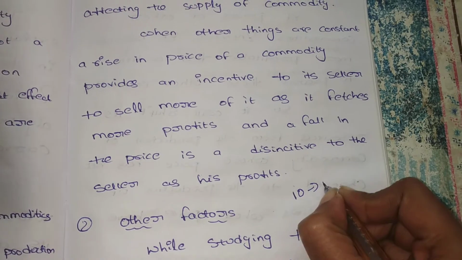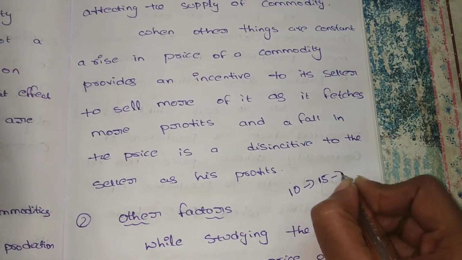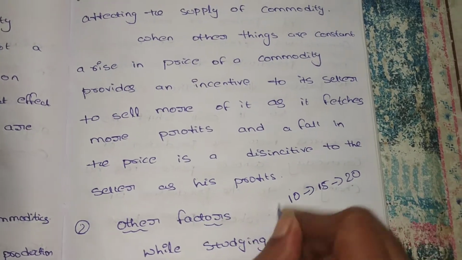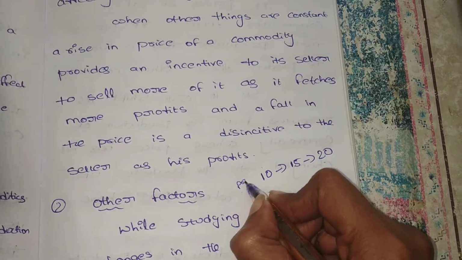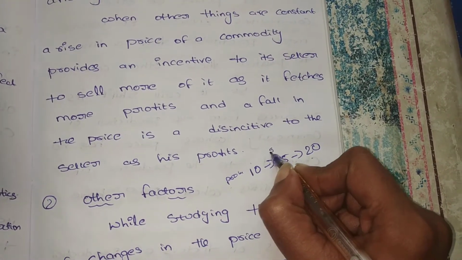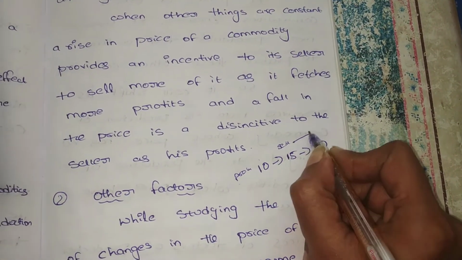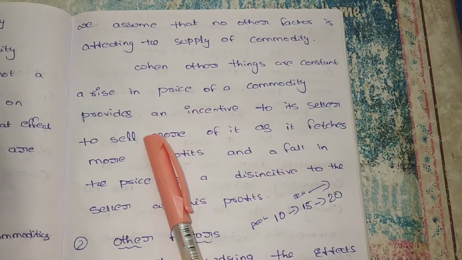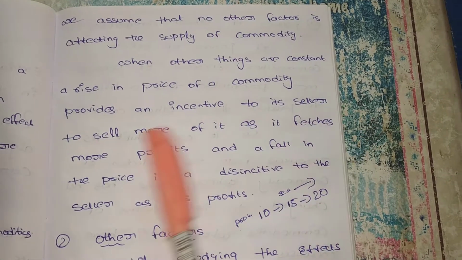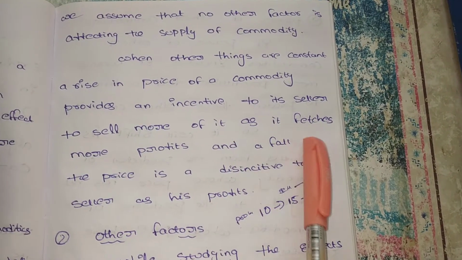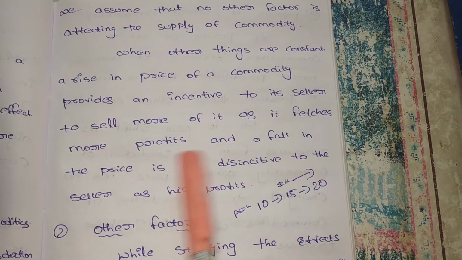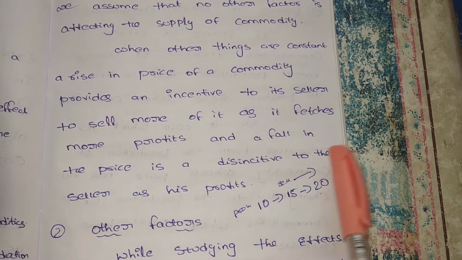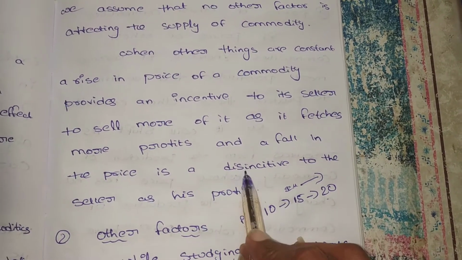We are selling it for 15, but the price rises to 20. A rise in price of a commodity provides an incentive to its seller to sell more of it as it fetches more profits, and a fall in price is a disincentive to the seller as his profits fall.